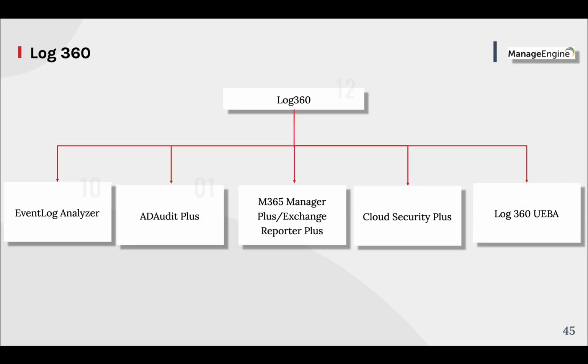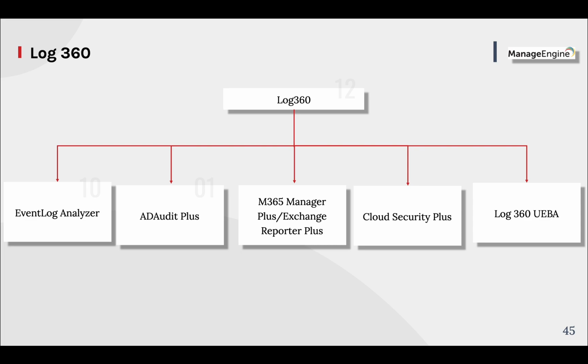And the third one is Log360, which is one single console that combines all the log collection activities in one single place. Event Log Analyzer for your Windows infrastructure, non-Windows network devices, even your vulnerability scanners can be imported as a log format into the Event Log Analyzer product. Monitoring, auditing your Windows infrastructure, security events, ADAudit Plus.